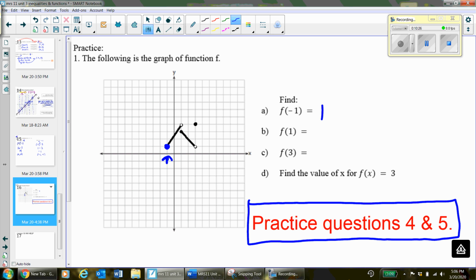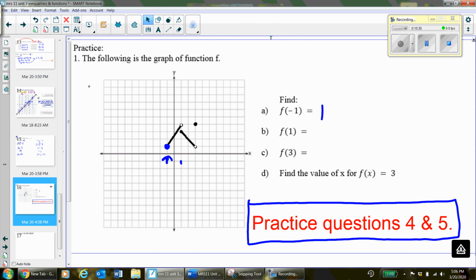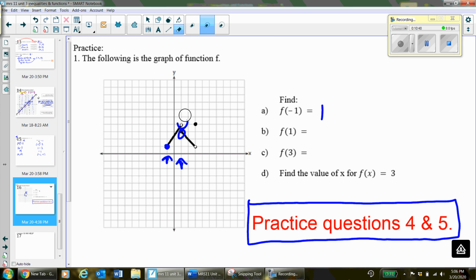All right? And then when x is +1, oh, I'm sorry. When x is +1, which is this point here, you're going to tell me what the y value is. Now notice that I have a y value here and I have a y value here. All right? We talked about open and closed circles. If I have an open circle, that means that answer is not included in my solution.